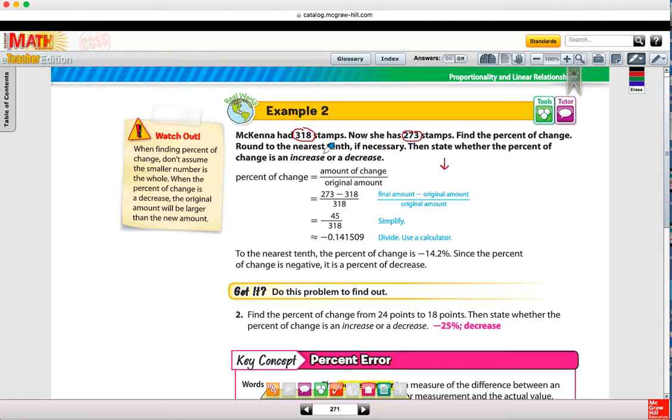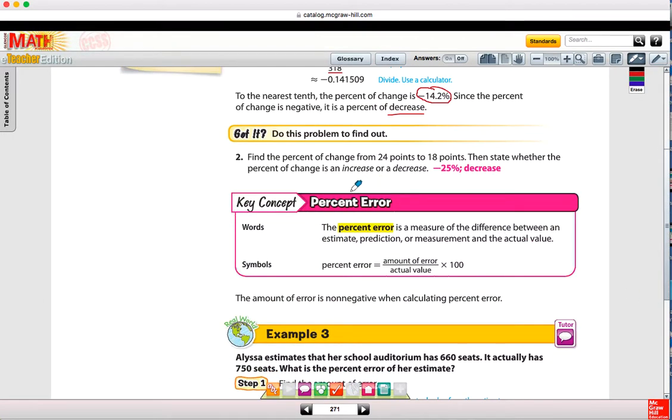Okay, so we're going to subtract 273 minus 318, which is 45, and then divide that by what she started with, which was 318. And we get 0.141509. And to change that to a percent, we're going to move it over 2 places and get 14.2%, and that is a decrease.